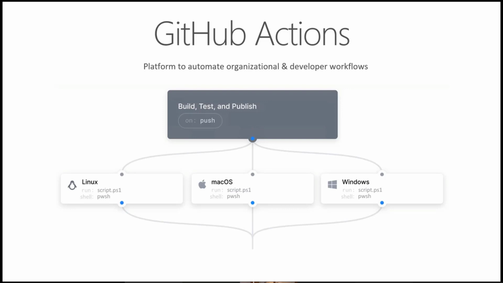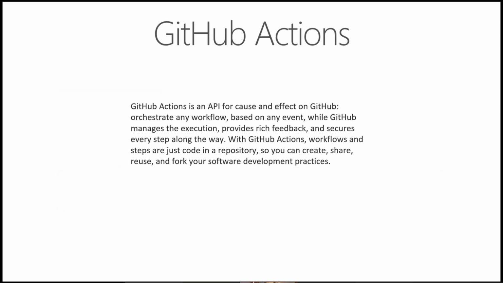Today I'm going to be talking about GitHub Actions, which is a platform to automate organizational and developer workflows. As I was trying to build this presentation to explain what they are, I had a bit of a hard time. So I decided I was going to show GitHub's formal definition for GitHub Actions and then tell you how I got involved. GitHub Actions is an API for cause and effect on GitHub.